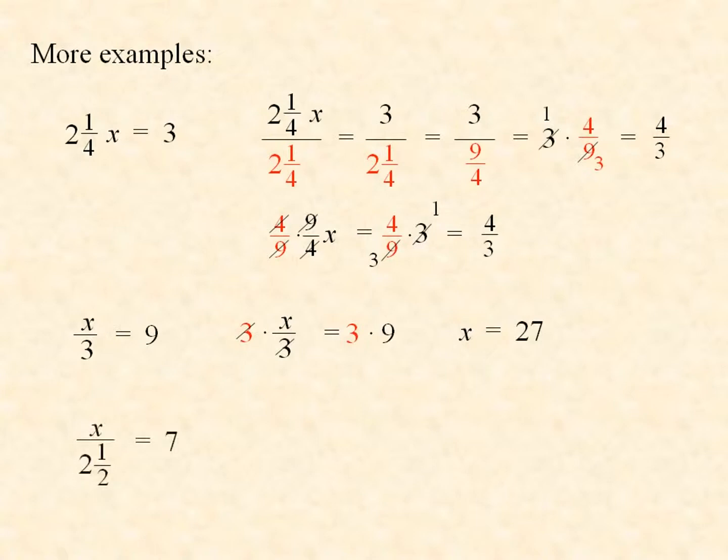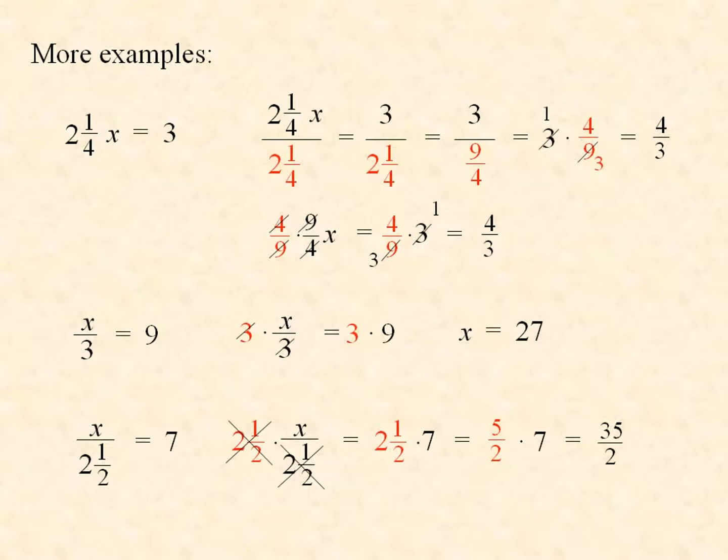If we have x divided by a mixed number, x divided by 2 1/2 equals 7, we can undo the division by multiplying both sides by the 2 1/2. Then the 2 1/2's cancel. To multiply 2 1/2 times 7, we have to convert 2 1/2 to an improper fraction, 5 halves. And 5 halves times 7 is 35 halves.